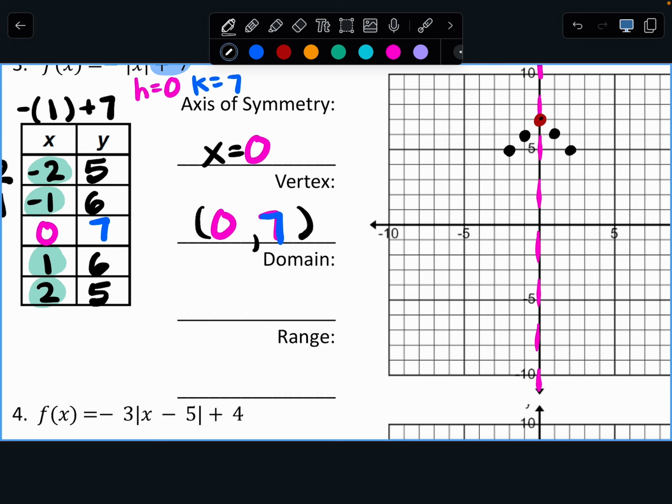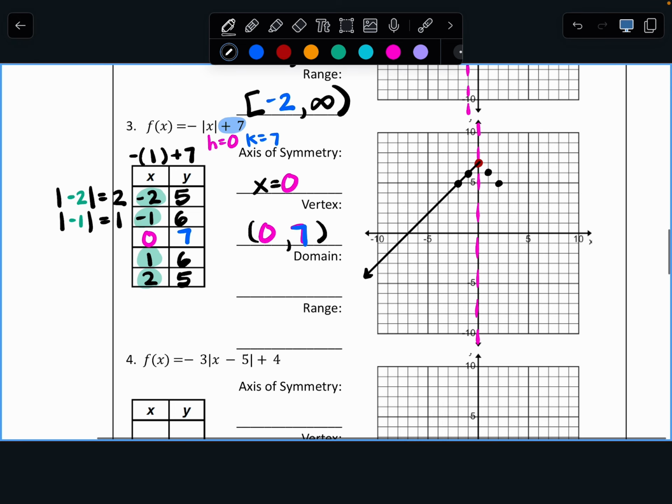So this V shape is pointing down. Domain is -infinity, infinity. My range, since it's pointing down, we're going to use -infinity, and the top will be the y value of the vertex.